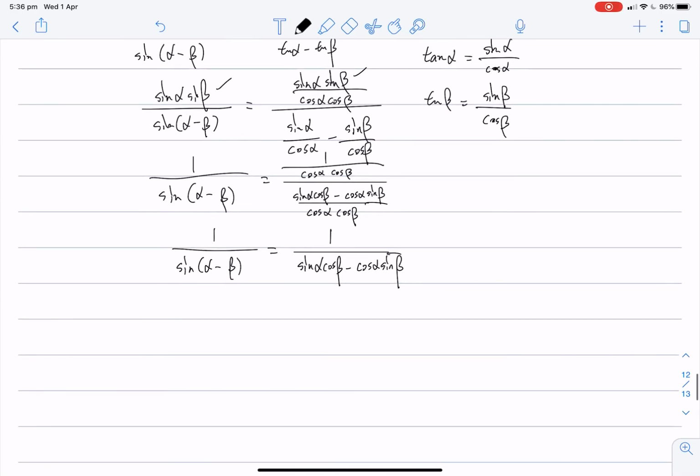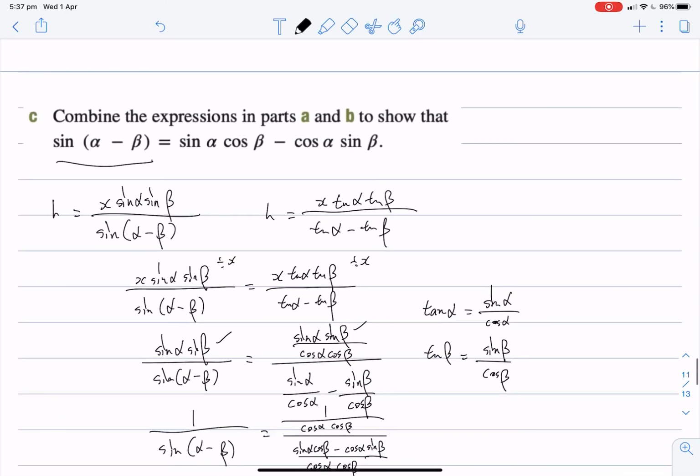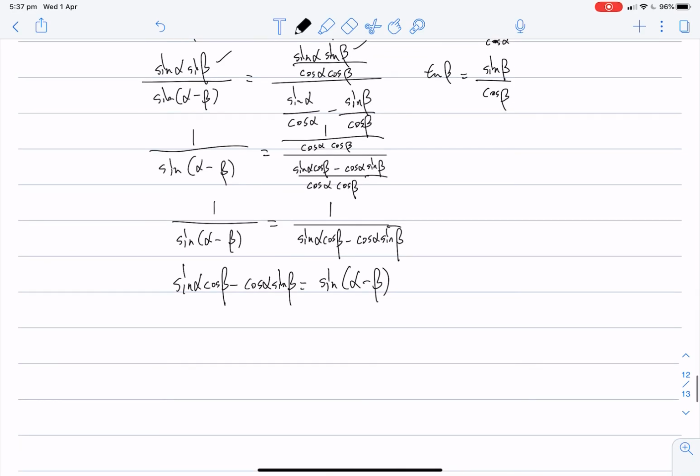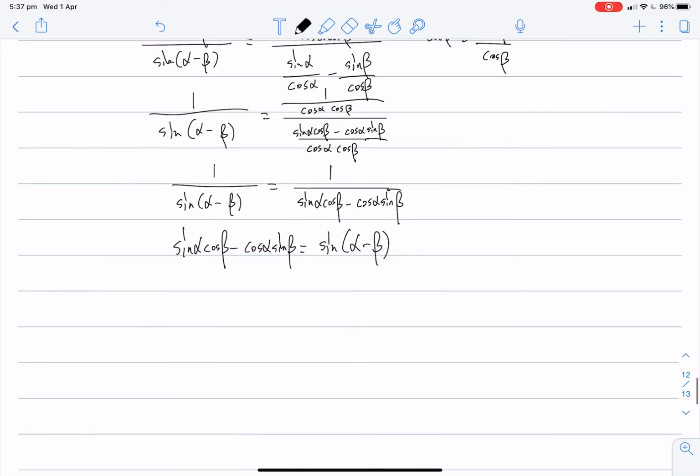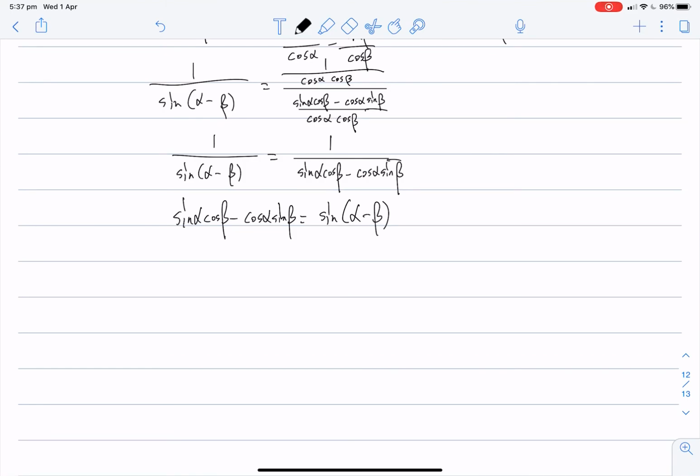Let's cross multiply. So we've got sine alpha cos beta minus cos alpha sine beta equals sine alpha minus beta, which is exactly what we need to prove here. Easy. A little bit long, but it is what it is.